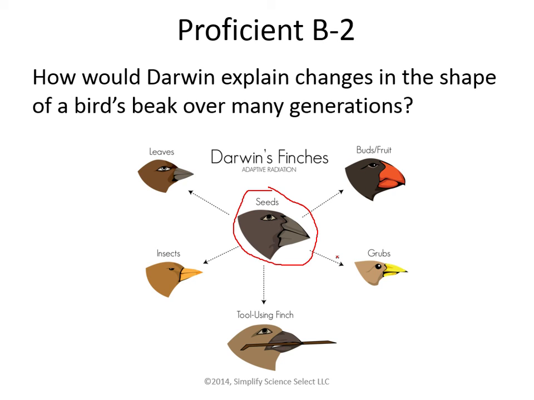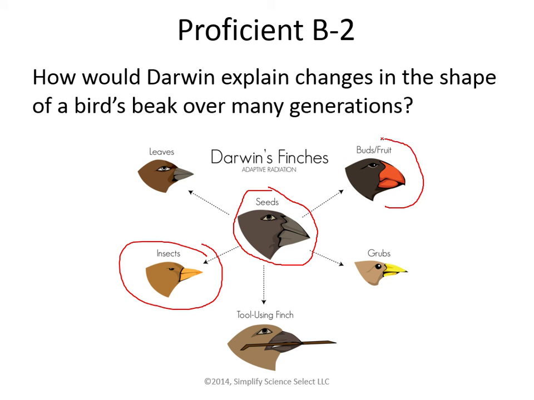Now, depending on what they were trying to eat, some of them were more effective than others. Remember, adaptation depends on what you're trying to eat. So the ones that were trying to eat insects had a small beak that was able to reach into the tiny little holes the insects were living in, get inside and pull them right out of the holes of the trees they had burrowed into.